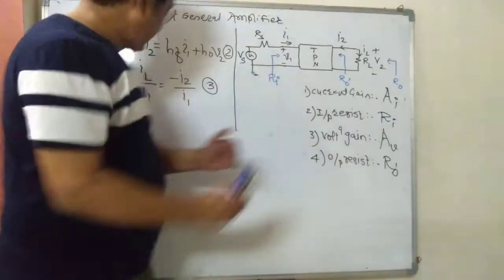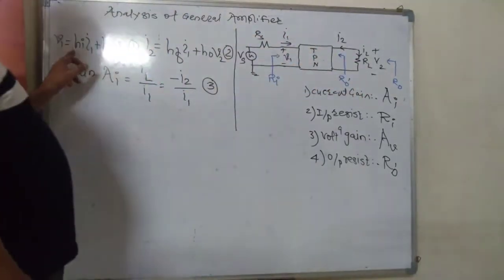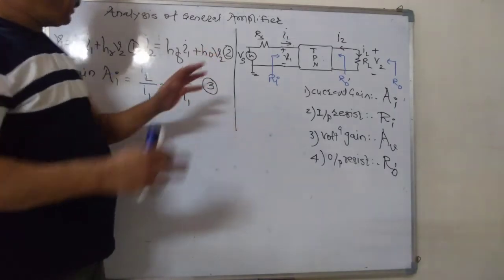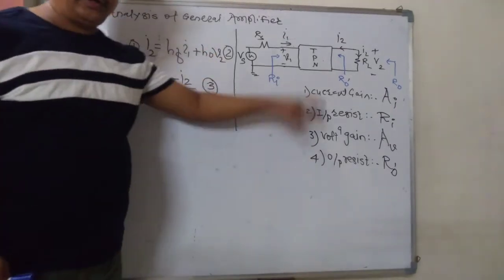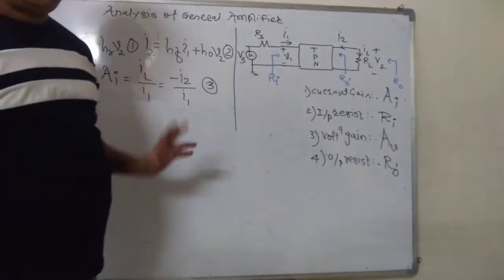So we have to derive the formula in terms of RS, RL, h_i, h_r, h_f, h_o. We have to derive the relation for each one in terms of the h parameters and the resistors.